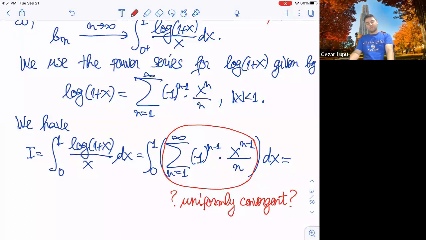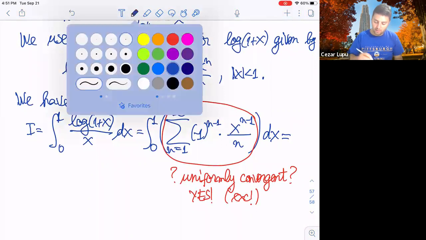I'll leave it to you. Yes, it is. Try to prove it as an exercise. We have seen the Abel-Dirichlet criterion, or even the Leibniz criterion you can use in this case. You don't need to go that far. So if this is uniformly convergent, then we can swap the integral with the series.